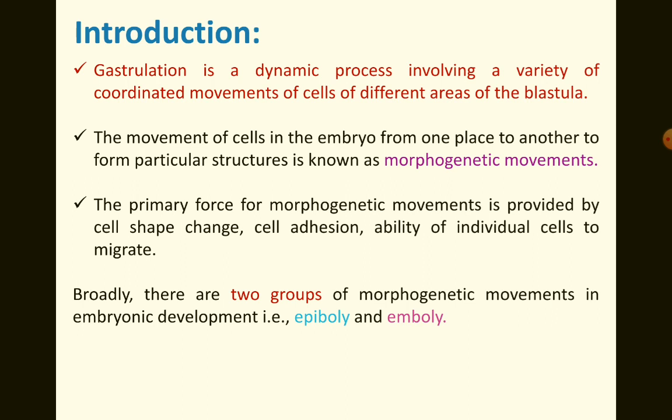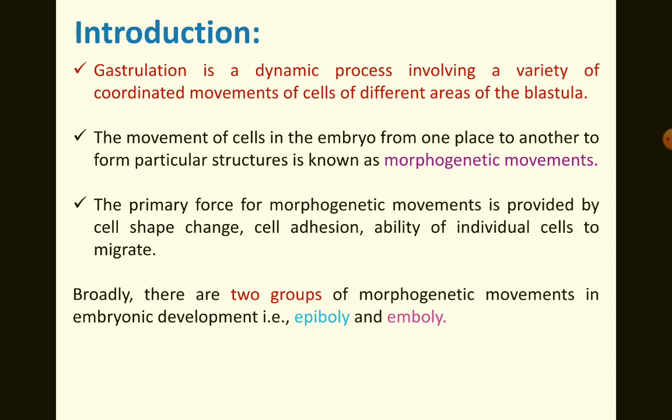One is epibole, that is the outward movement. Epi means above, so the stretching or movement of cells above or around this blastula is what we call epibole. And emboly means the inward movement. So when these blastomeres move inside the blastula, that is called emboly. Epibole is commonly seen only in the presumptive ectoderm forming cells, basically the micromeres which are without yolk.